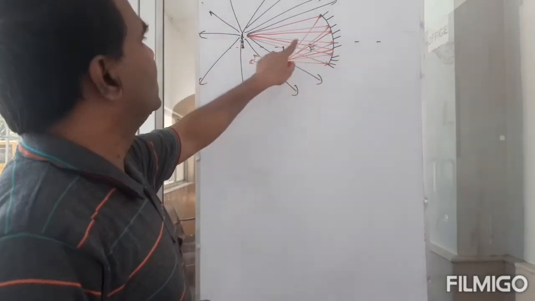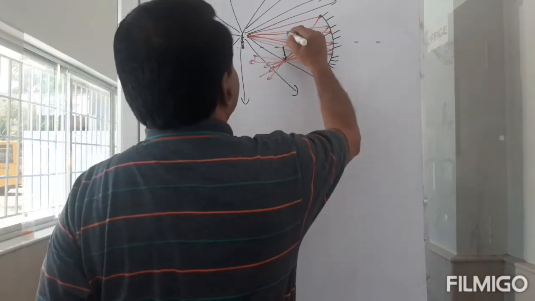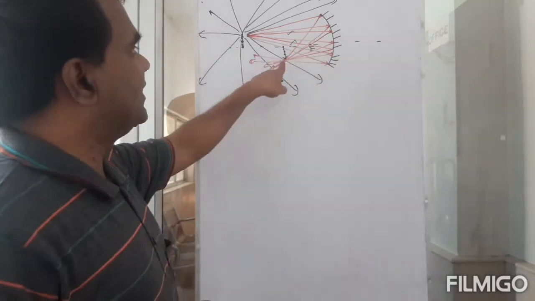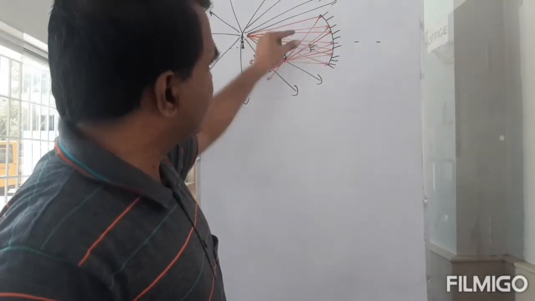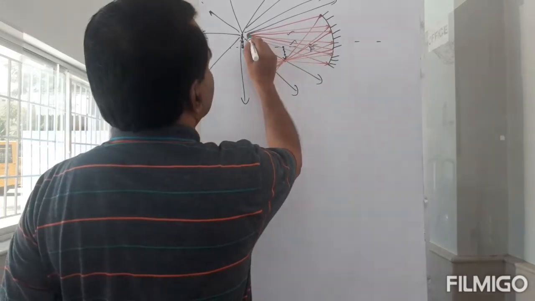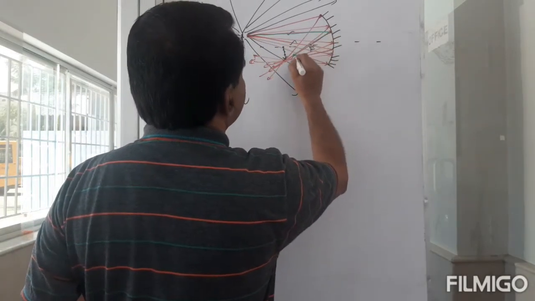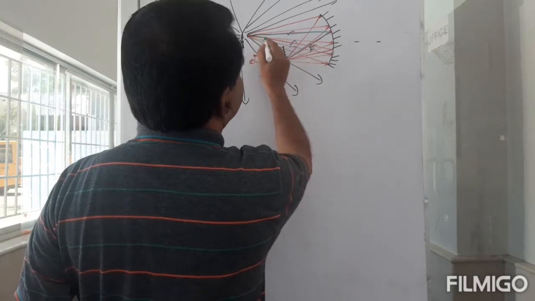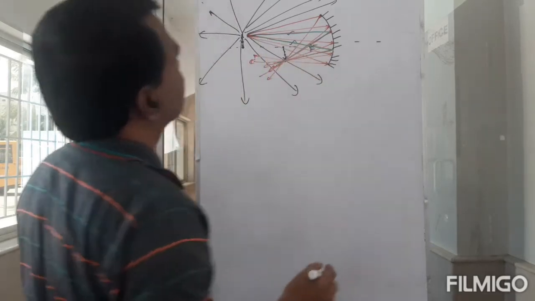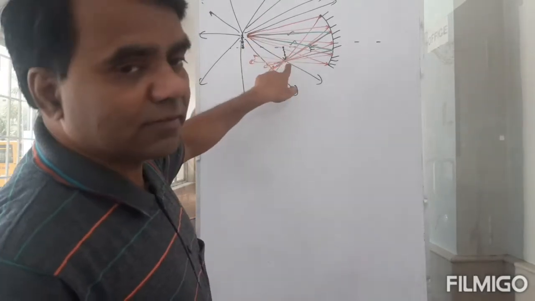Now I'll take those two lines, this line and this line, to find this point. So I'm using these two lines only to find that point. Something like that.